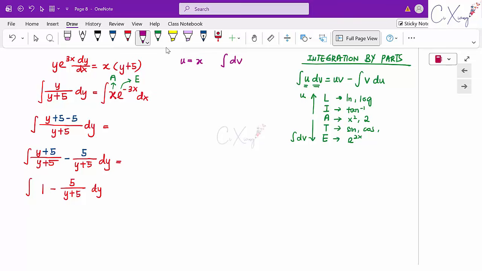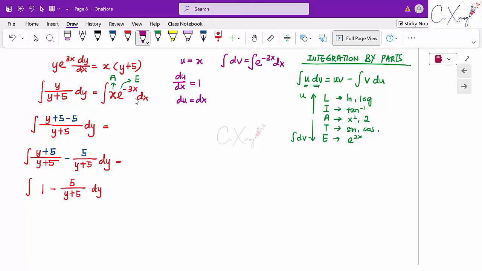dv is equal to e power negative 3x dx, because I just take out the x from my integration, so the remaining part will be the dv. All right, so differentiate the u, what do you have? You're having du over dx, which is equal to 1. So your du is equal to dx.